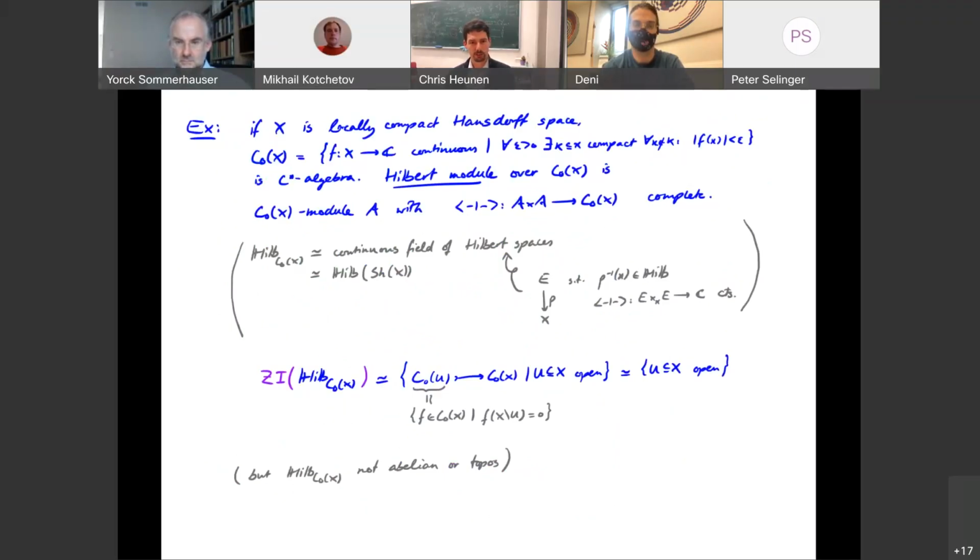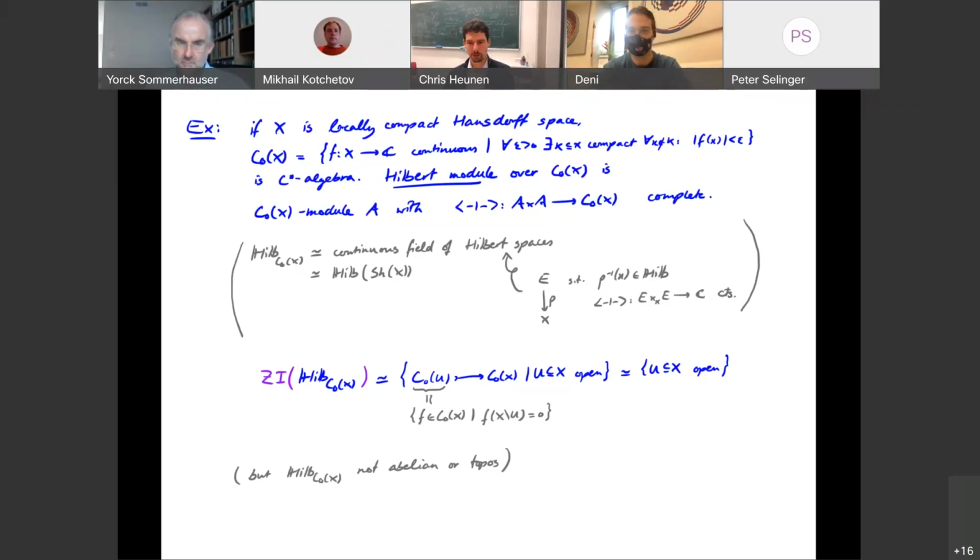First of all, this ring C_0(X) is not just a ring, it's a Banach space as well, because it has a norm and it's complete in that norm. Namely, the norm of a function f from X to the complex numbers is its sup norm. So C_0(X) has a norm, and that means that this inner product takes values in C_0(X), but you can sort of put a two-stage norm on A, if you like.